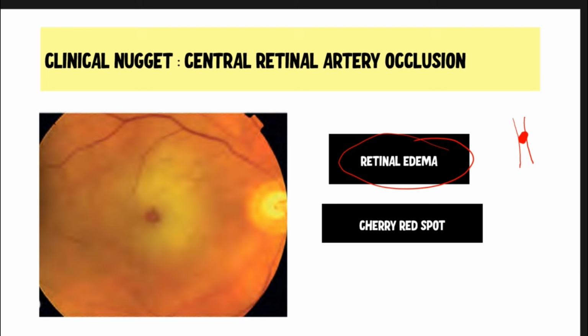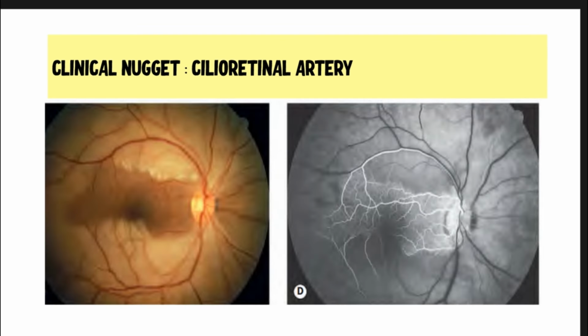So as the choroidal circulation is normal, the central part of the retina or the fovea will actually retain its normal reddish orange appearance, whereas the surrounding retina is going to look paler in appearance, and because of which the central red normal foveal area, which is supplied by the ciliary circulation, is going to appear as a cherry red spot. Okay, so that is one clinical nugget regarding the central retinal artery occlusion, where you are going to see a generalized retinal edema along with a central cherry red spot.